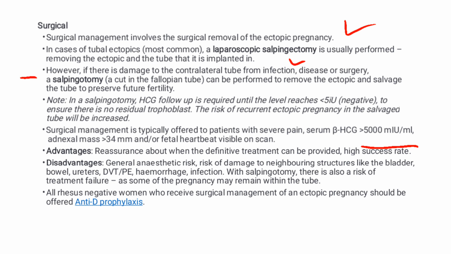All rhesus negative women who receive surgical management of an ectopic pregnancy should be offered anti-D prophylaxis. Of course, one other disadvantage for rhesus negative women is that in our setup, anti-D is actually expensive.